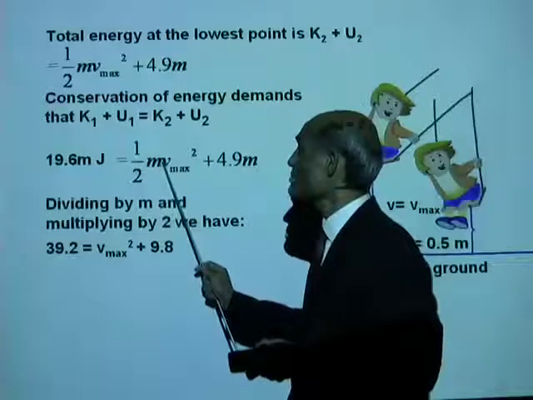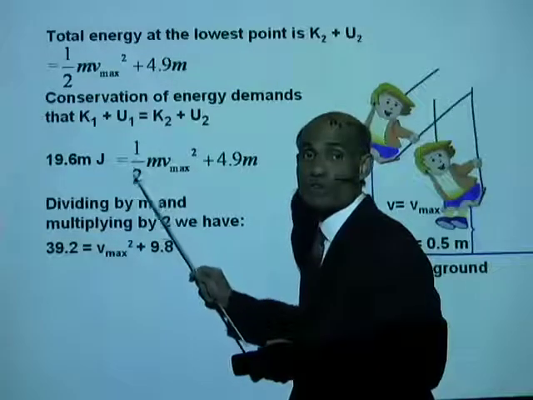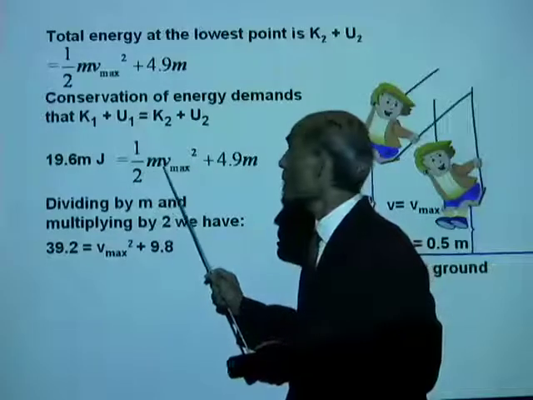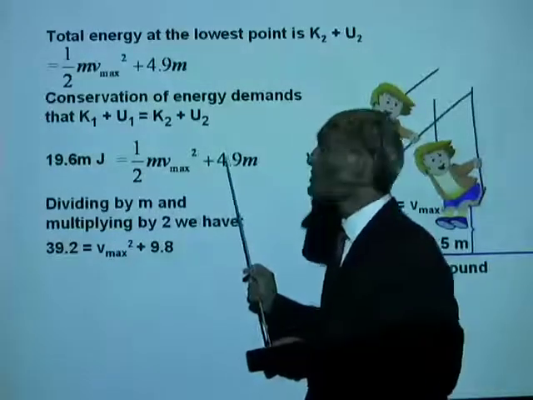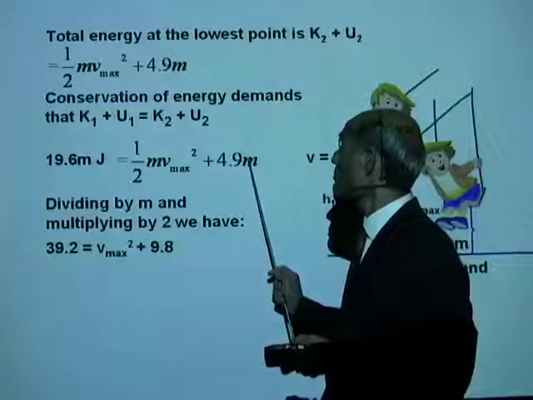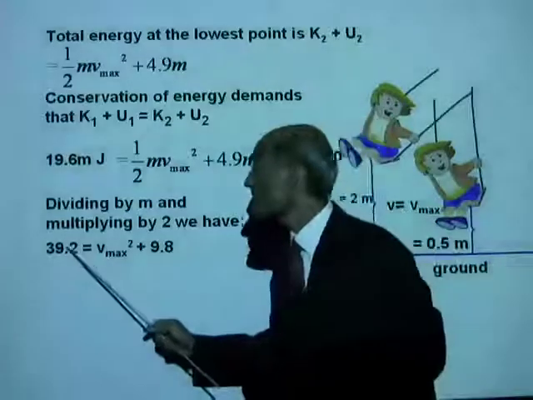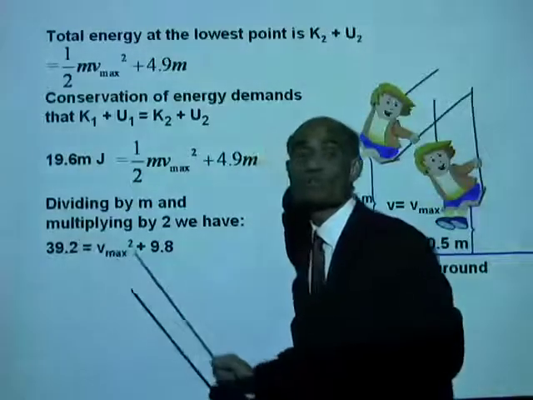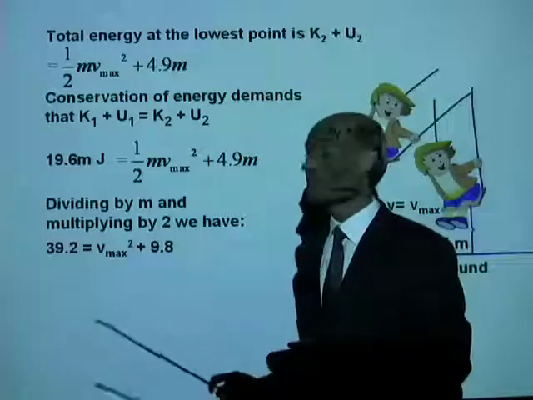Multiplying this term by 2 and dividing by m, m will go, 2 will also go. That will be only v max squared left there. And dividing by m and multiplying by 2, this will become 9.8. 39.2 equal to v max squared plus 9.8.